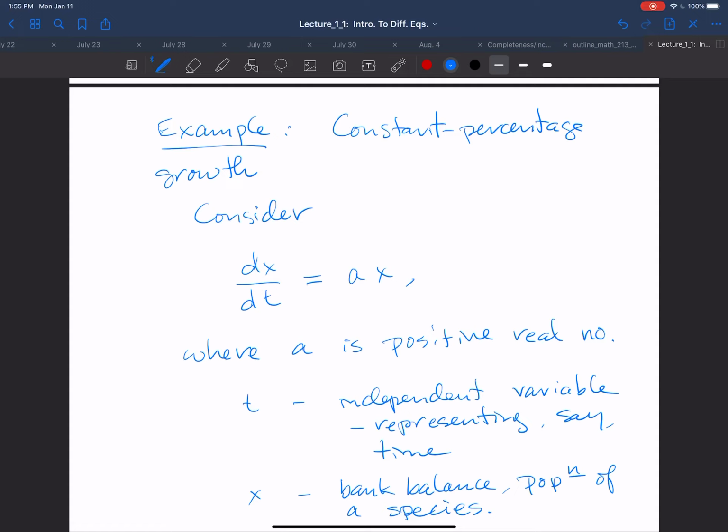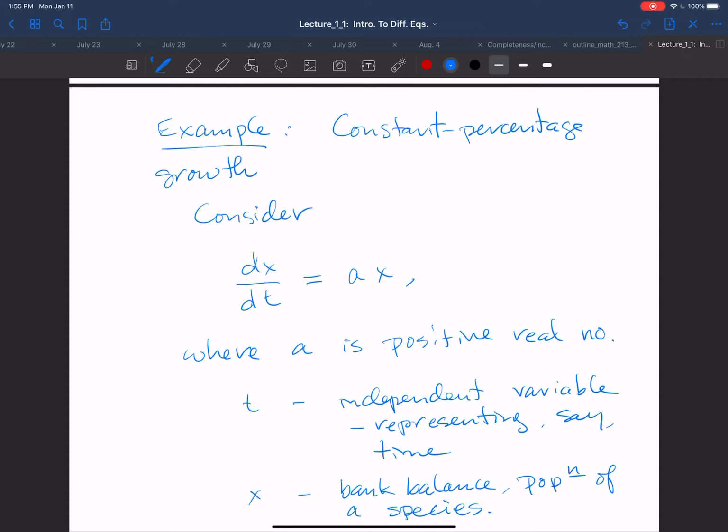As is mentioned in the notes, x might also represent gross domestic product. We normally seem to expect GDP to grow at a constant percentage rate, say somewhere between 2 and 3% maybe. In that case, we would expect GDP to obey an equation something like this.